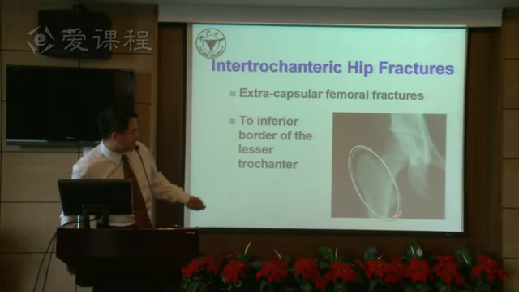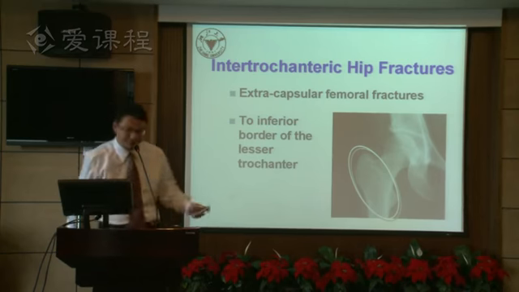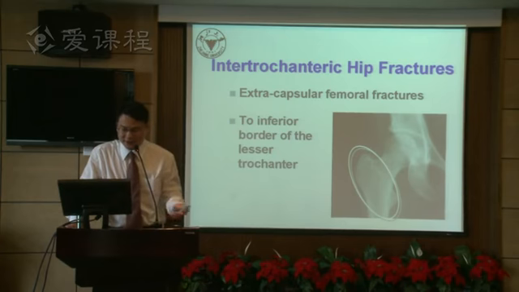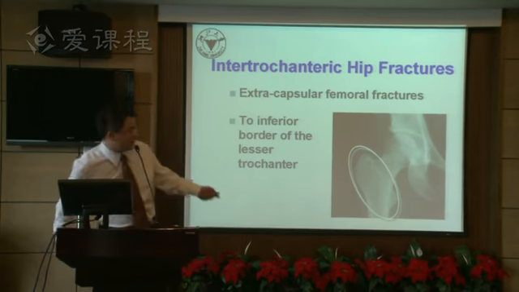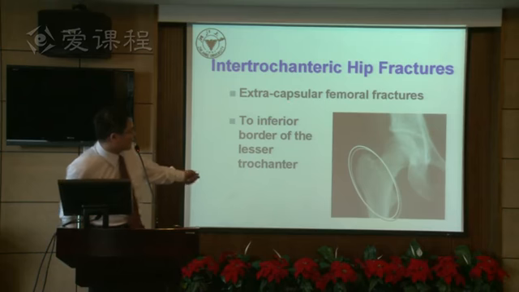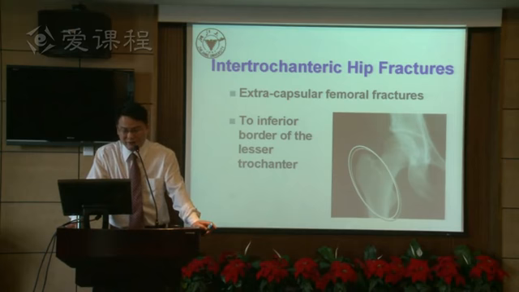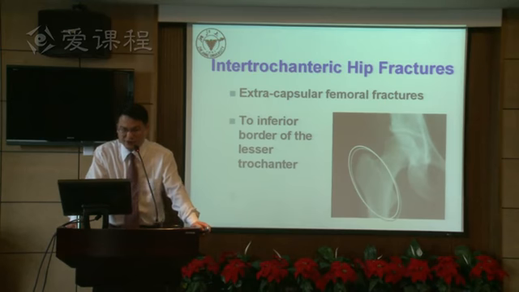When a fracture happens in this area, we call it an intertrochanteric hip fracture. And as I mentioned, these are extracapsular fractures. They have pretty good blood supply, so non-union or delayed union is not an issue to worry about.